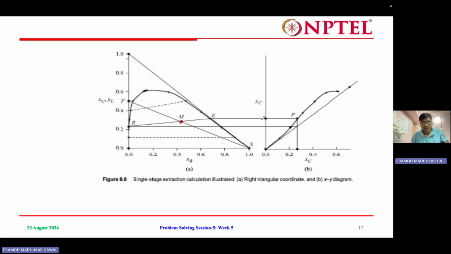So now with the help of the given data, xc of acetone and yc in the extract phase, you draw the xy diagram.